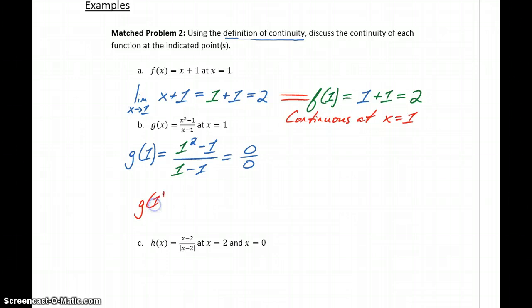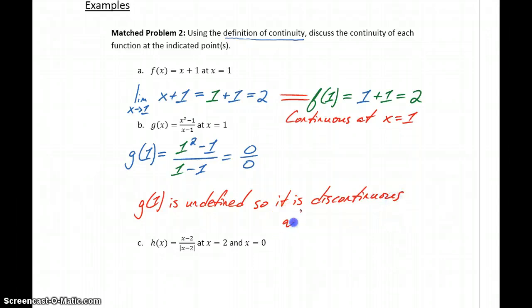So g of 1 is undefined, so it is discontinuous at x equals 1. If the function value doesn't exist, the function can't be continuous.